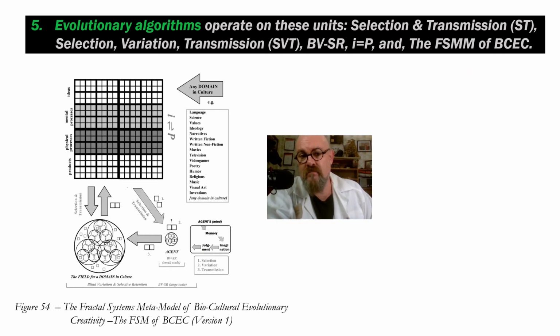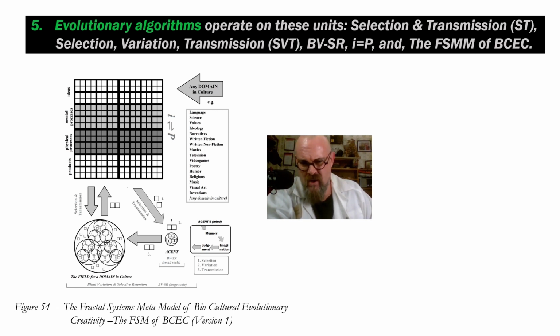Here's another evolutionary algorithm, the fractal systems meta model of biocultural evolutionary creativity from Ev Cult. What we have there is up top, that square shape, or the fractal square shape, is the domain, so any domain in culture.